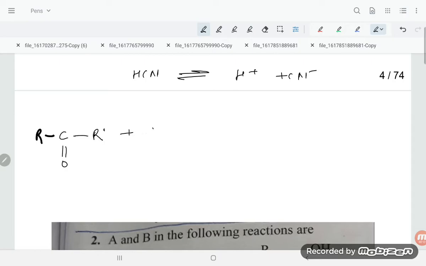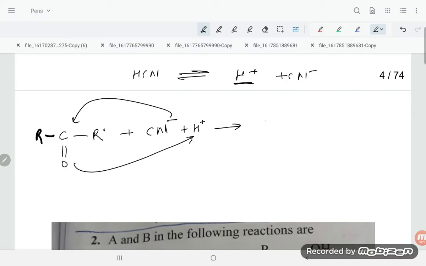So here CN minus attacks the carbonyl. What compound are we going to get? H will also be there. So the compound will have OH, R, and on this side the CN. This is the compound we get in the very first step.